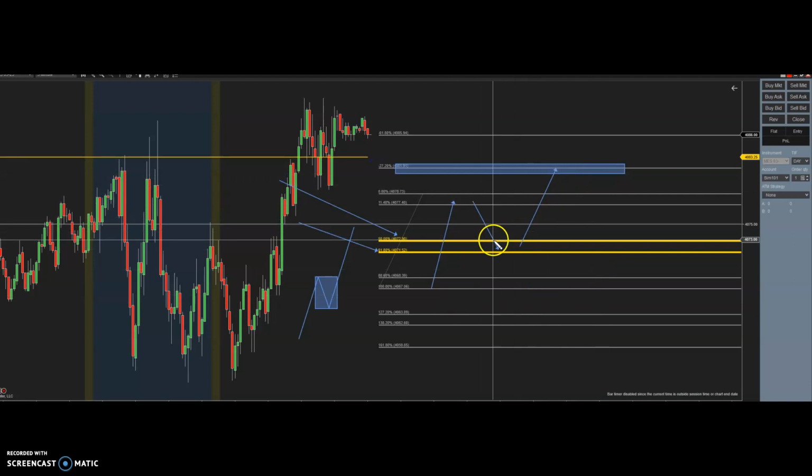Now, if the strength of this trend is strong, possibilities you might have a runner to TP2. But I'm looking for the guaranteed low-hanging fruit from the golden ratio zone to TP1, which will give me more than enough points for the day to shut my trade down.